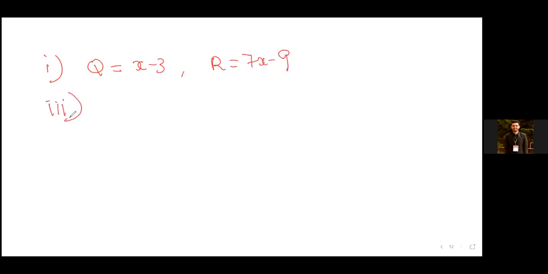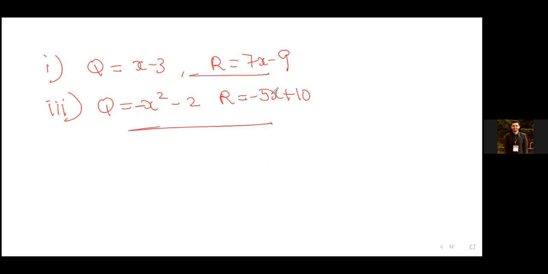And for the third one, we obtain quotient equal to minus x square minus 2 and remainder as minus 5x plus 10. So please do the homework and let me know if there is any doubt. Have you guys noted down this? If yes, we can do the second main one.